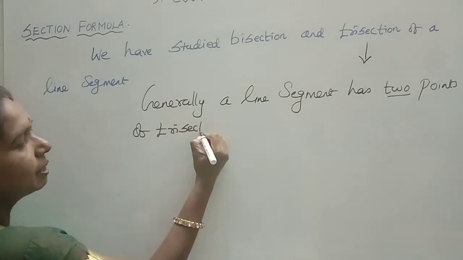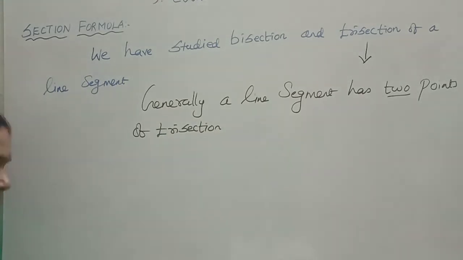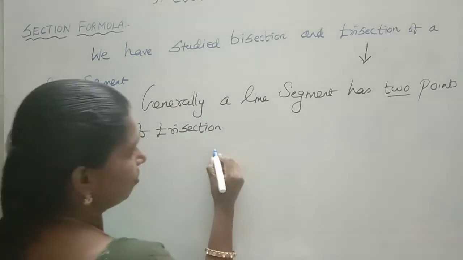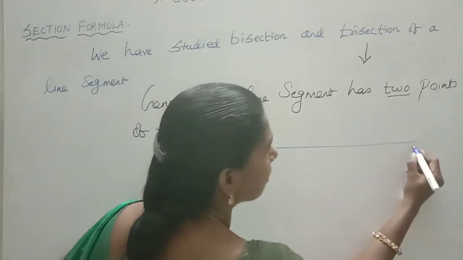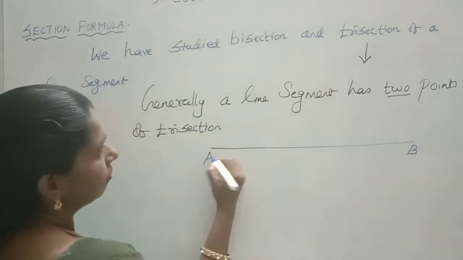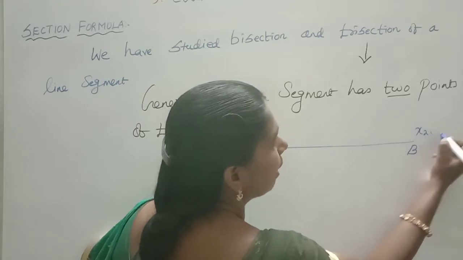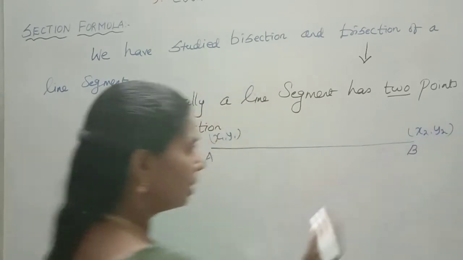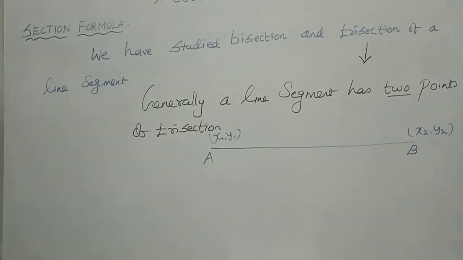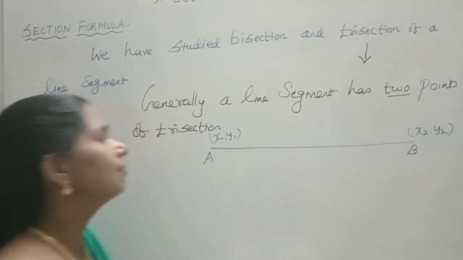Can you remember the formula? Very good. Suppose I am taking the line AB with coordinates x1, y1 and x2, y2. A line segment has 2 points of trisection.